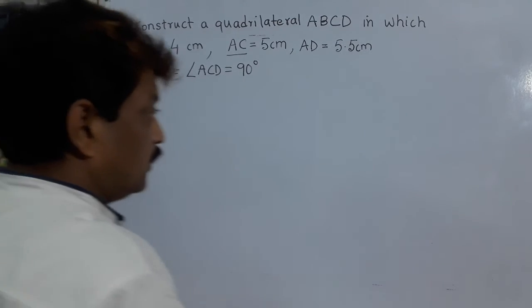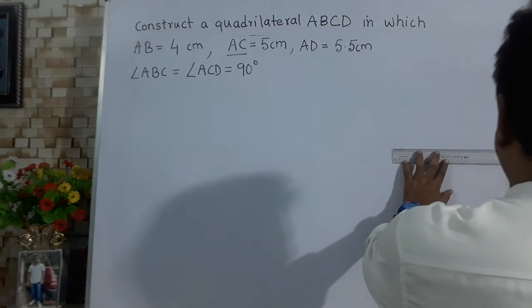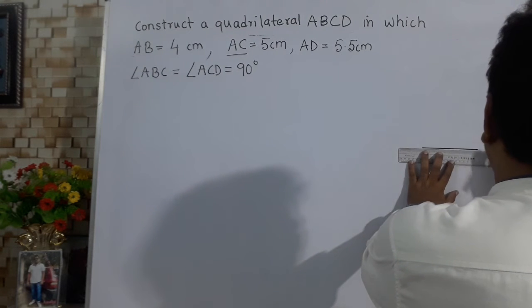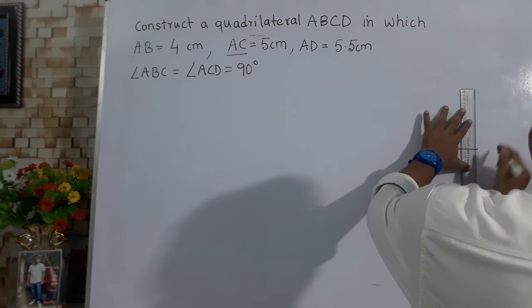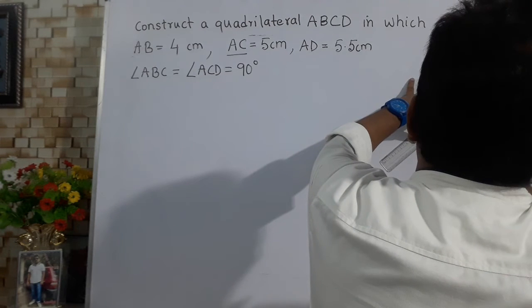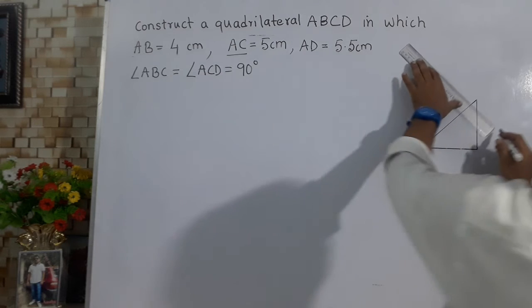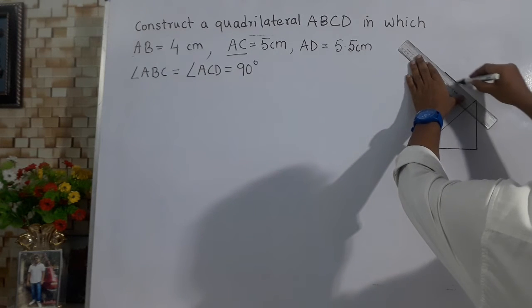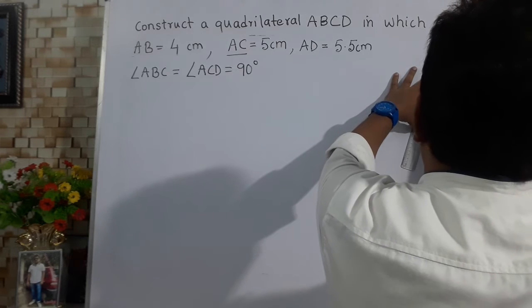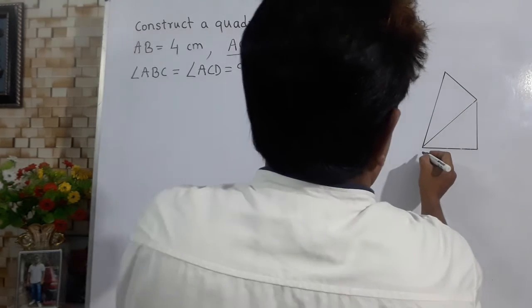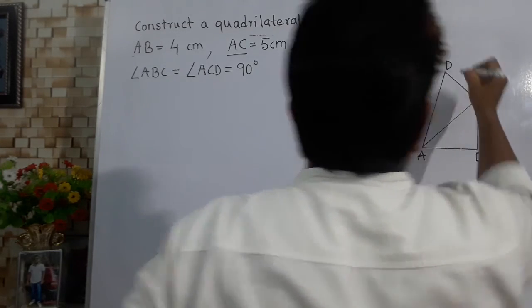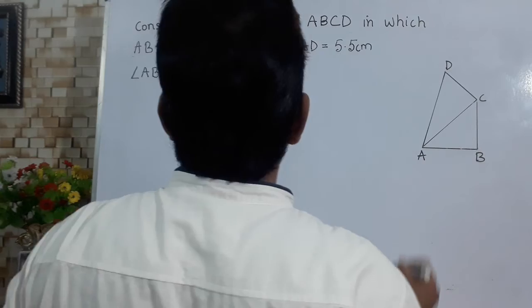So first of all, a rough diagram is required. So this is ABCD, where AC is the diagonal.